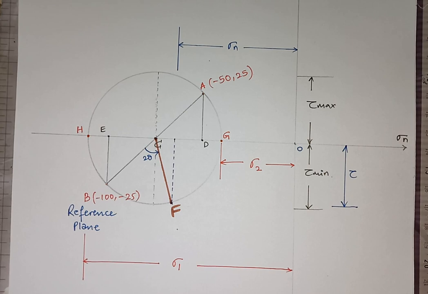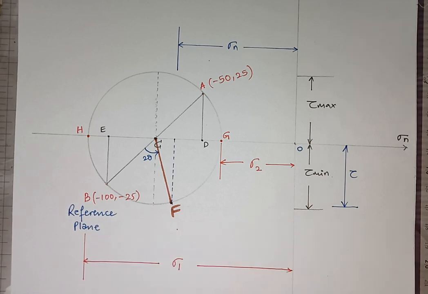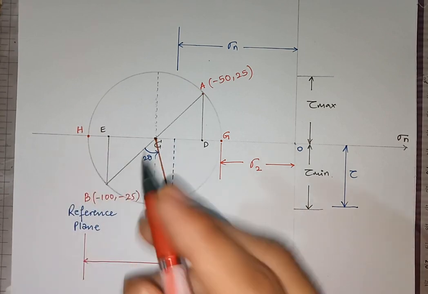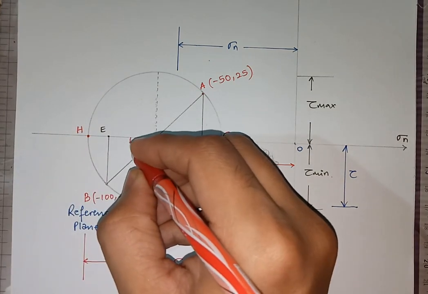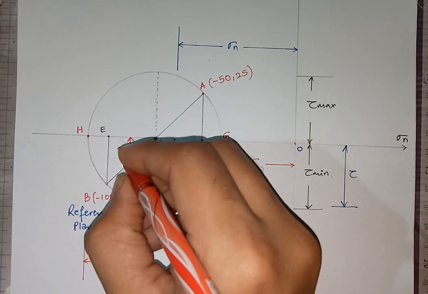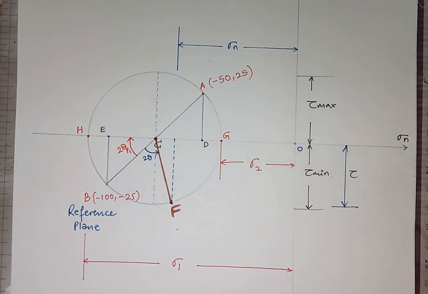From plane B, because plane B is my reference plane, which is my maximum principal stress? Sigma 1. So H is the maximum principal plane. So this angle I call it as 2 theta P1, and I have also shown the direction.